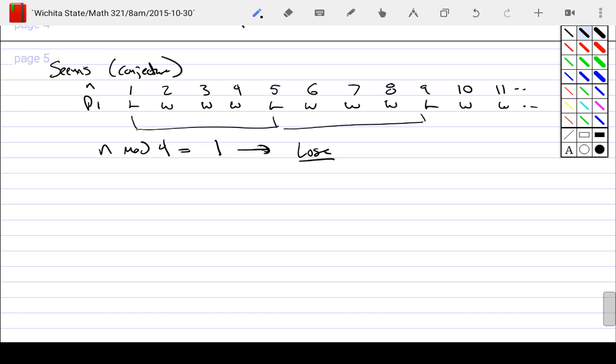Lose. If you face n mod 4 and it returns a 1, you're in a losing position. On the other hand, if you face n mod 4 and it spits out the other mods, 0, 2, and 3, you're going to win.